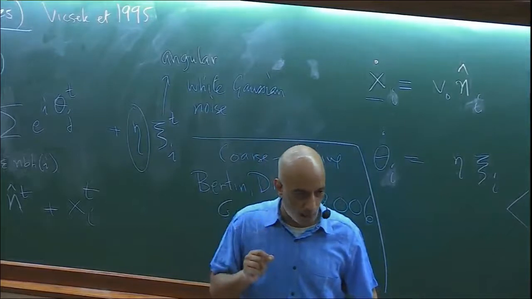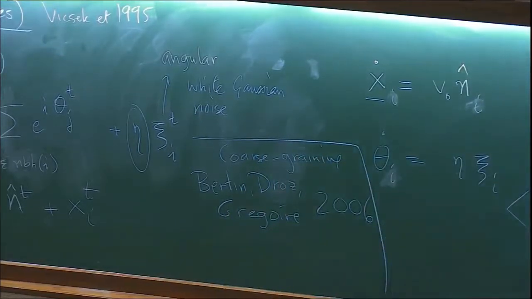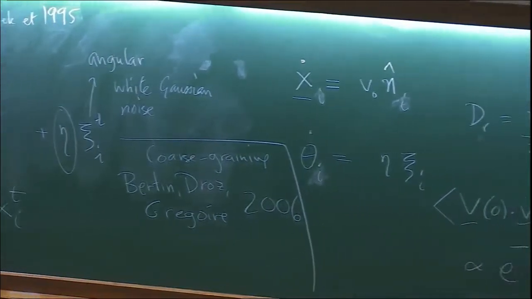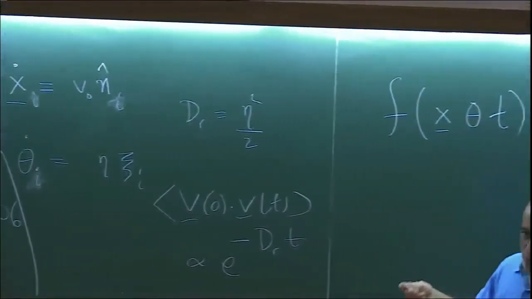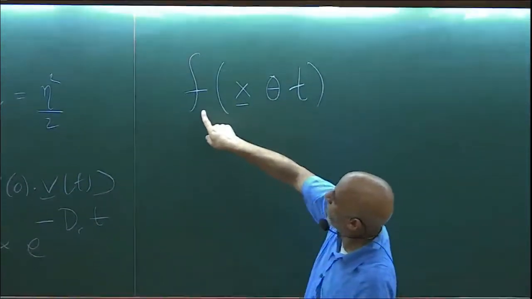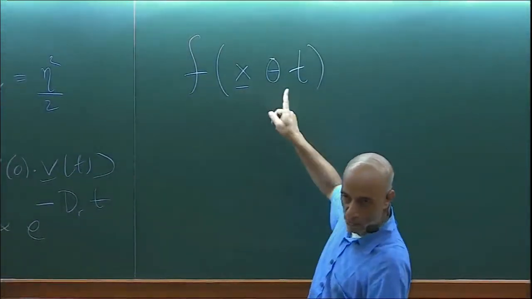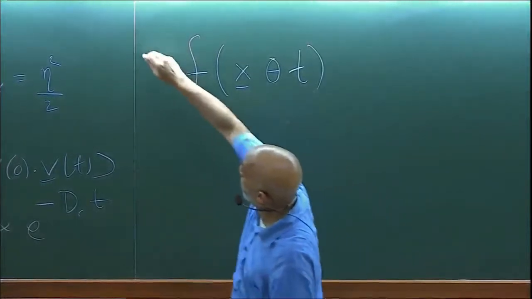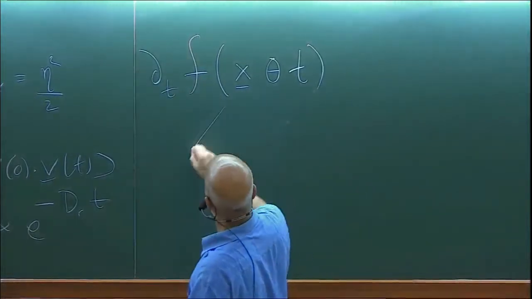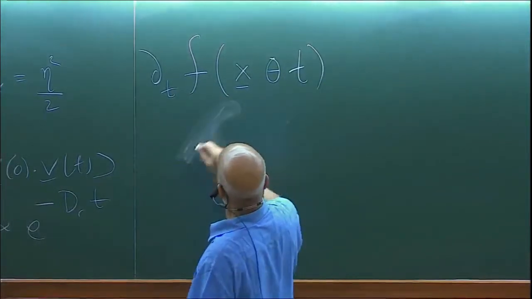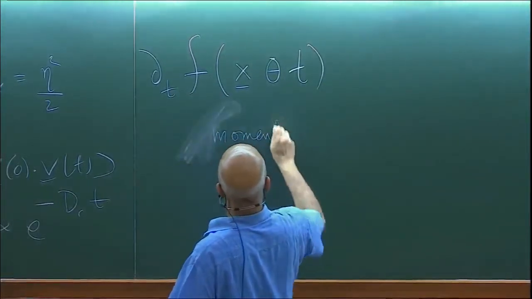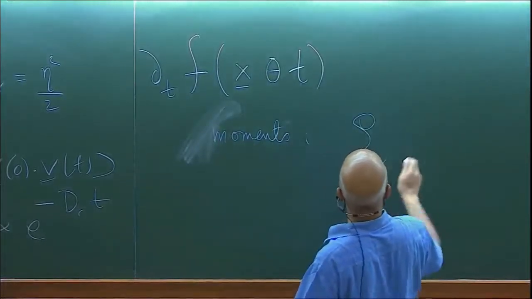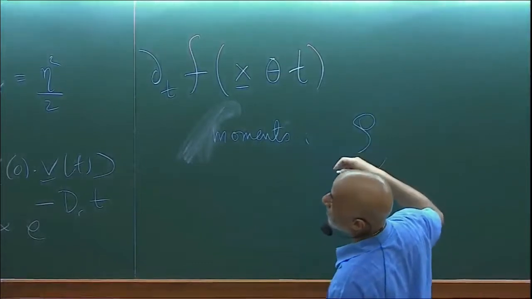Right? You've got a position and a velocity. And you can define a one particle distribution of position, orientation, and time, in the obvious way. This is the probability density for finding a particle around x with angle theta at time t, right? And you can build an evolution equation for this, and from its moments, you can get the equation for the density and the equation for the velocity field.